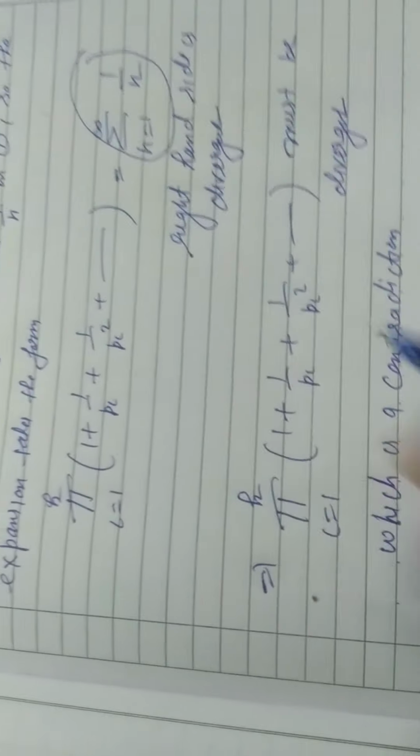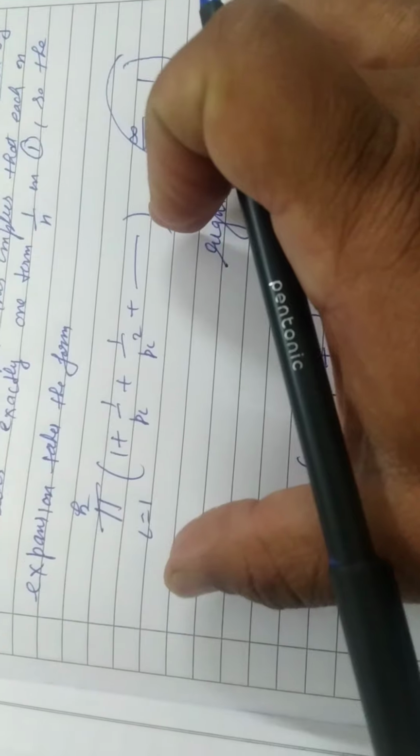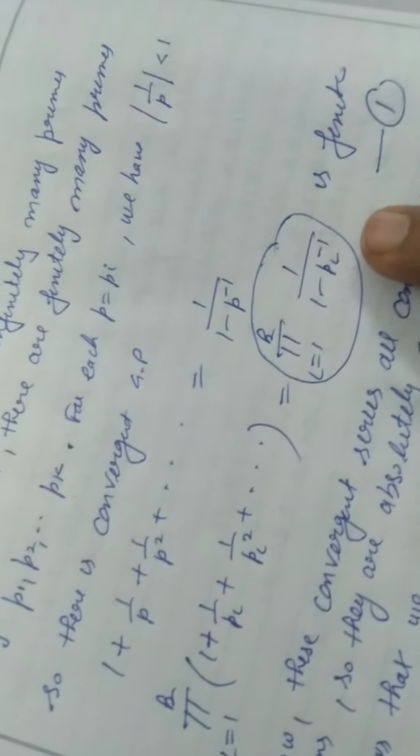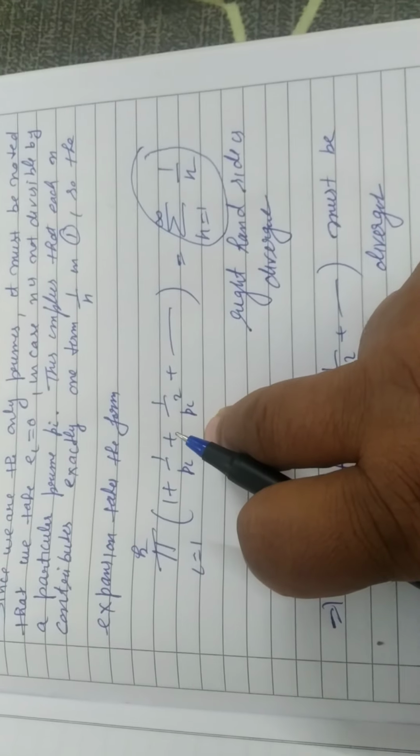Because if this is convergent, so it's okay. We have already shown that this is convergent here. So if the right hand side is divergent, the left hand side should also be divergent. But we have already shown that the left hand side is convergent, so there will be a contradiction.